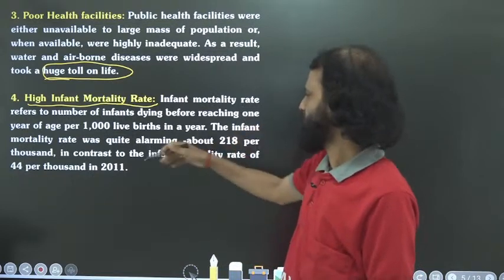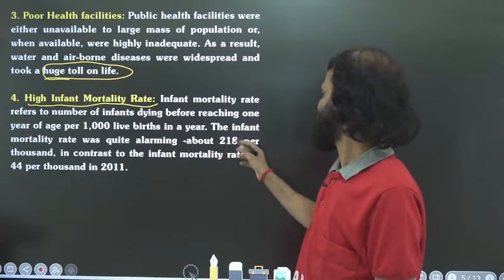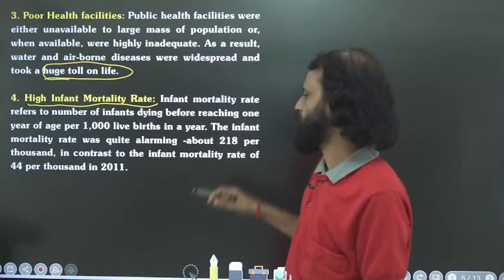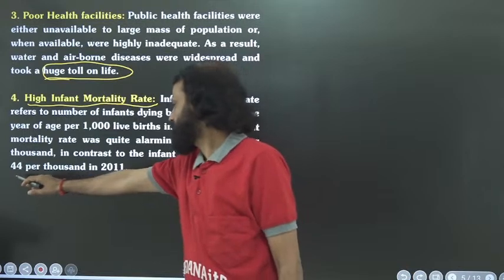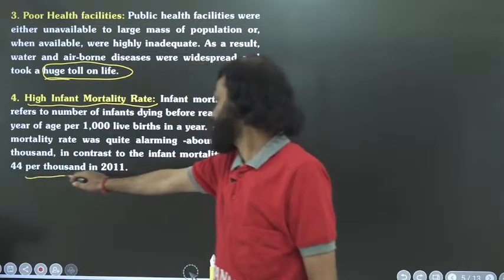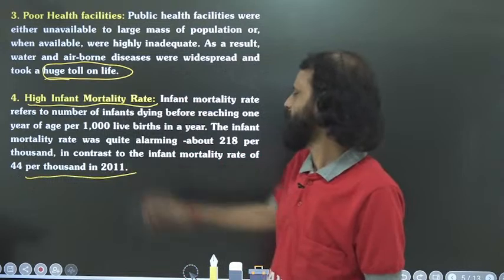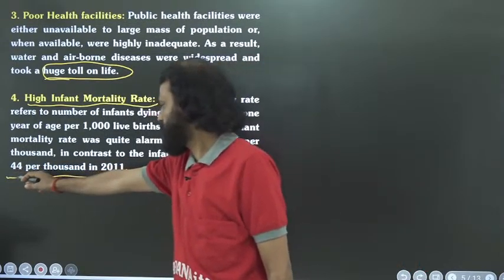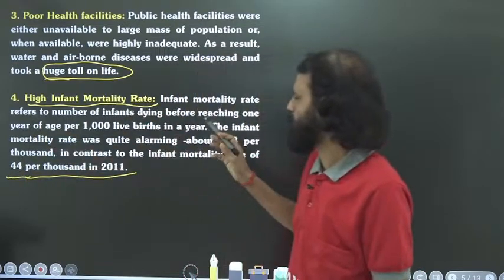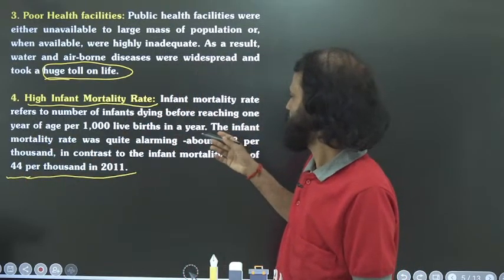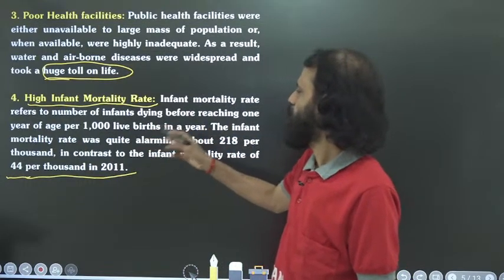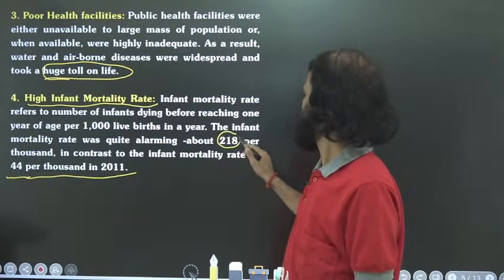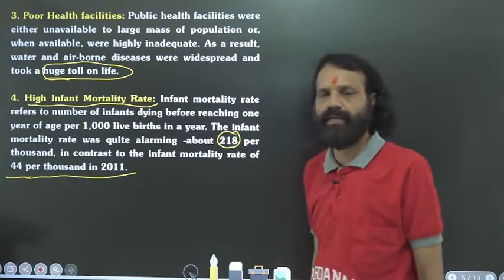The infant mortality rate was quite alarming, about 218 per 1,000, in contrast to the infant mortality rate of 44 per 1,000 in 2011. In 2011, only 44 newborn babies died. But when we compare with the Britishers' ruling time, how many newborn babies were dying? 218 babies per 1,000 died at that time.